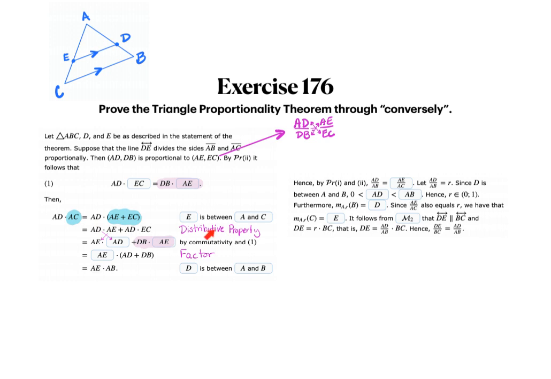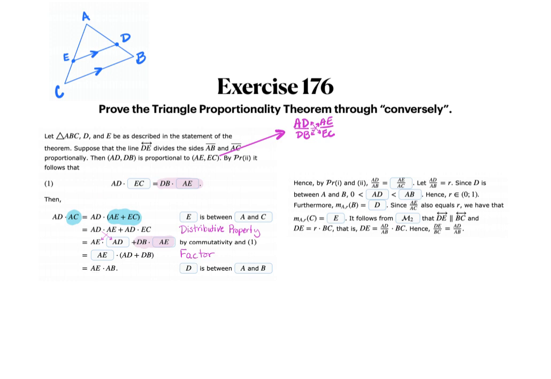Now, by the distributive property, I can distribute AD into that sum to get me here. And then by the commutative property and also PR1, I switch the order here because multiplication is commutative, and then I substitute AD times EC. I put in DB times AE.